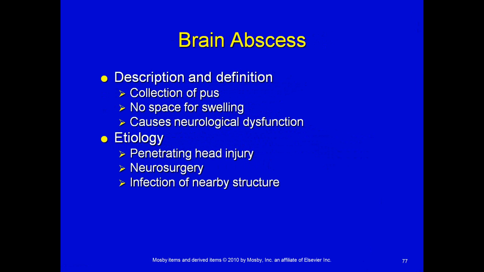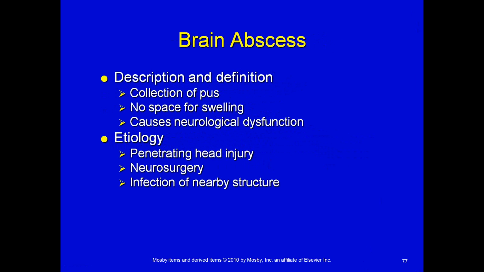Pus is certainly somewhat liquid, and because it is a liquid, it's not compressible. So as the pus continues to collect, you get a mass effect, much like you do with a brain tumor or a brain bleed. And it's going to cause some sort of neurologic dysfunction, some sort of stroke-like presentation.